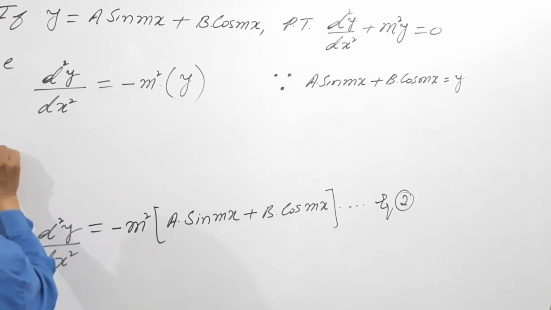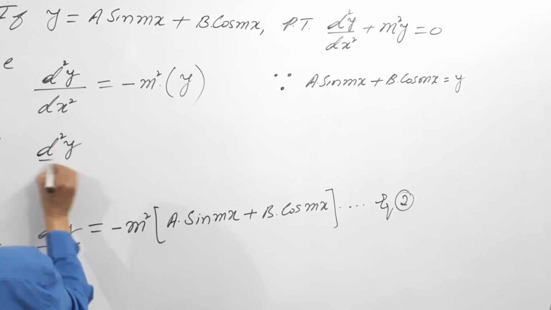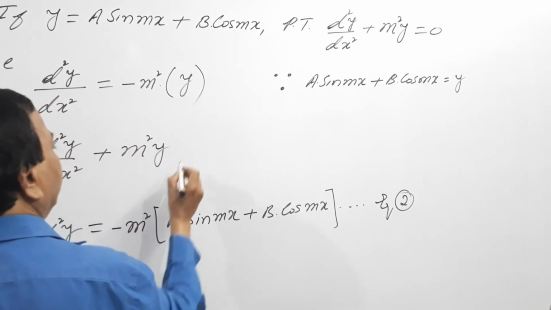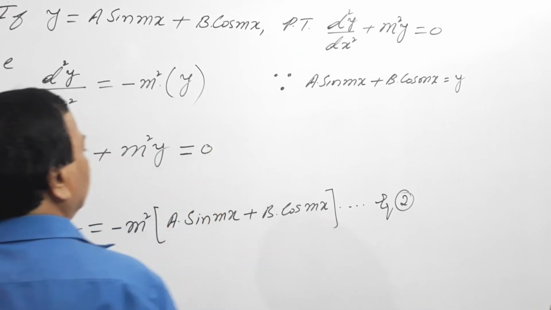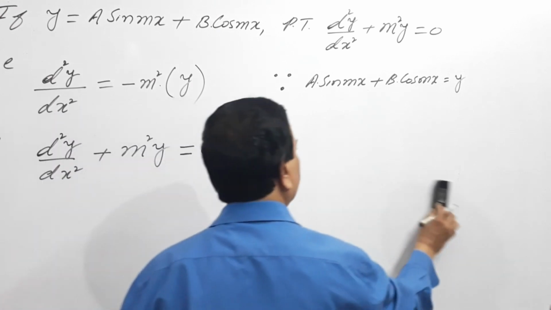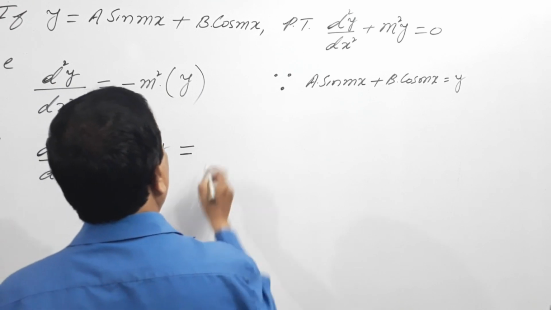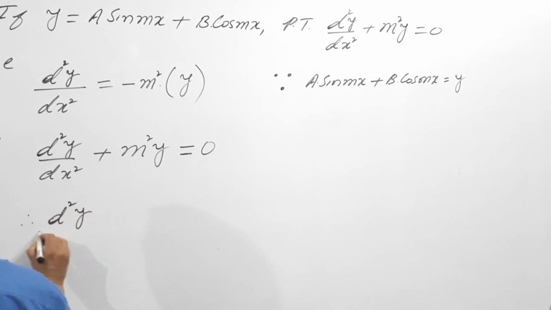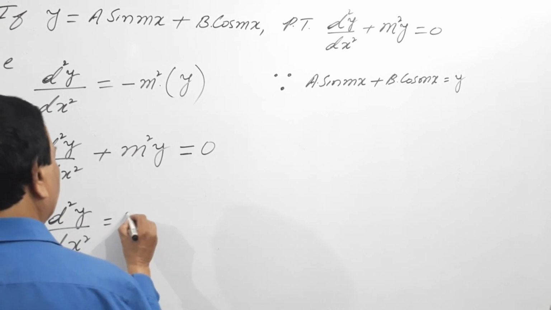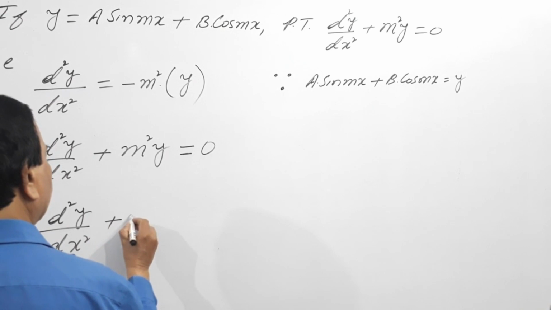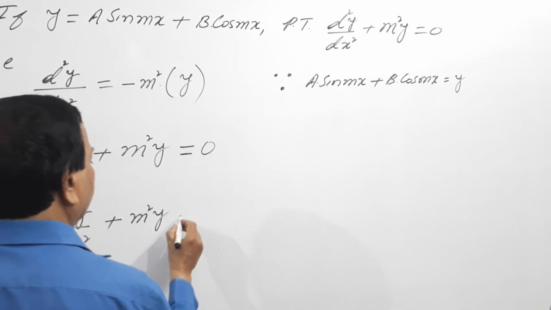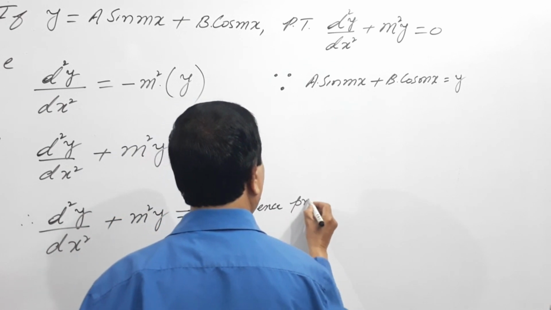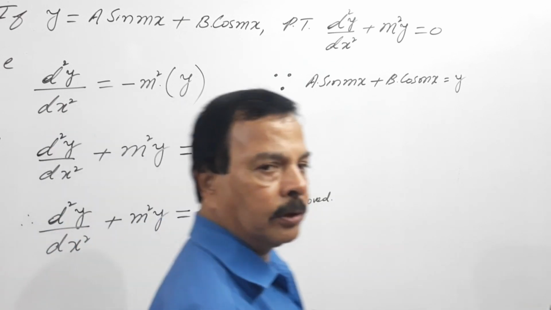So d square y by dx square, if I bring it to the left hand side, plus m square y equals 0. Hence proved.